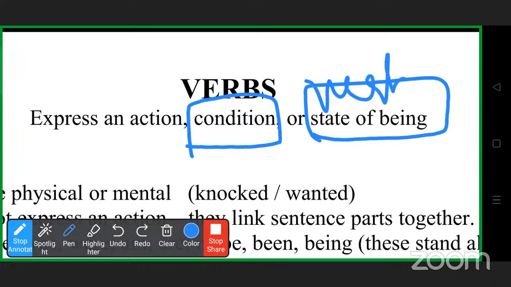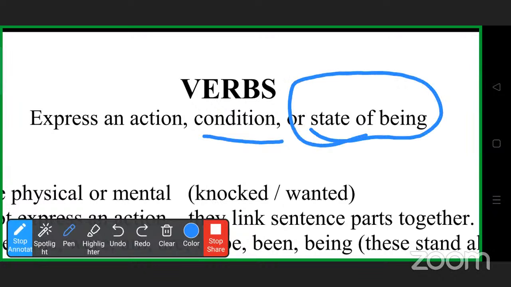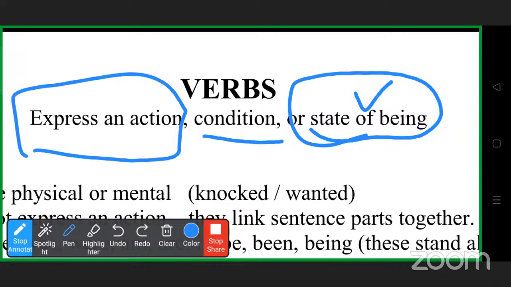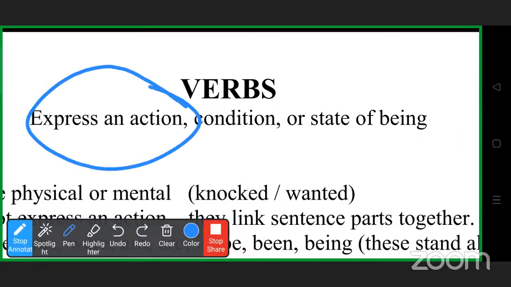So there are certain categories of verb which will tell you the condition or the state of being, but won't express any action. Those categories are separate kinds of verbs, and those which express action are a different category. We call them transitive and intransitive for those where there is an action happening.